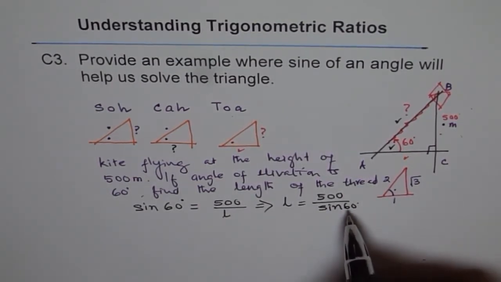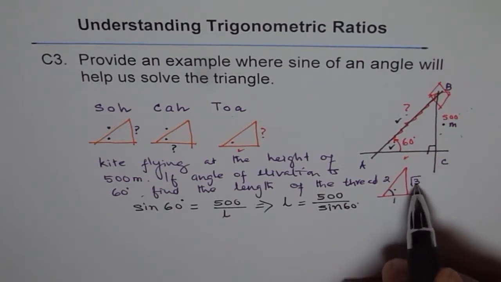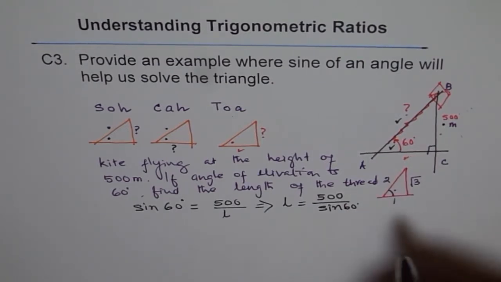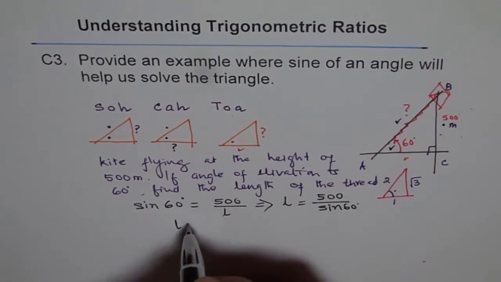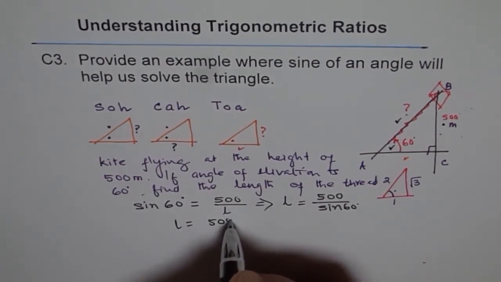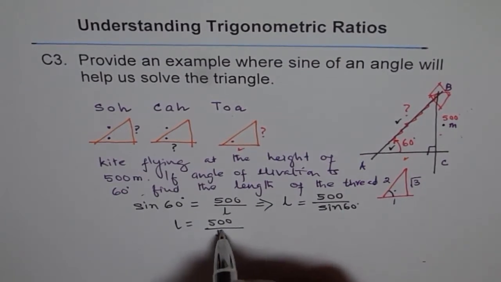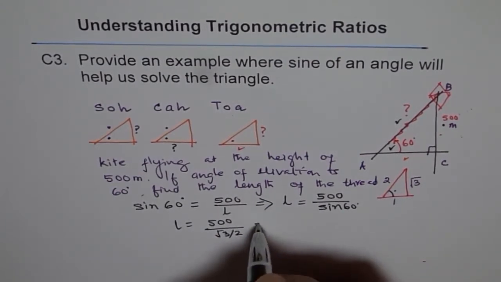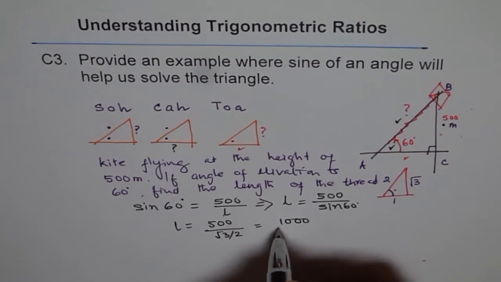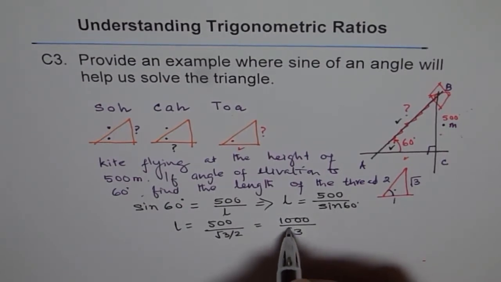And what is sine 60? Sine 60 is square root 3 over 2. Therefore, we get length equals 500 over square root 3 over 2. That is 1000 over square root 3.